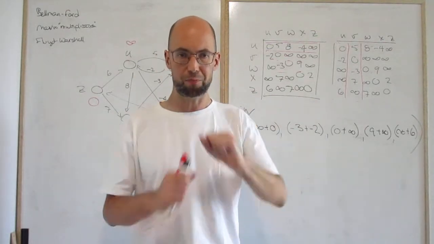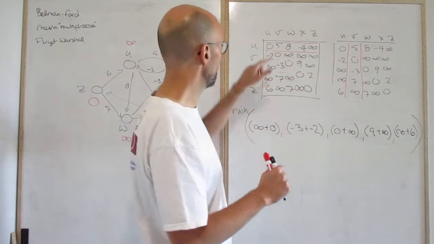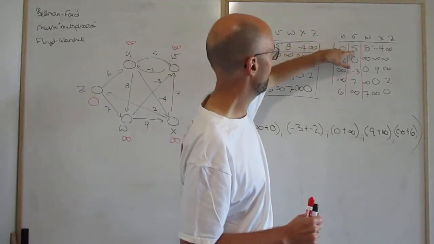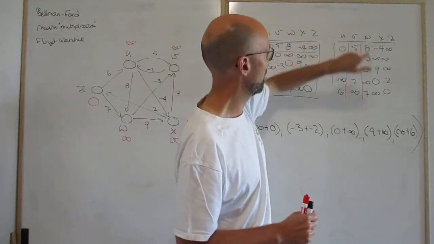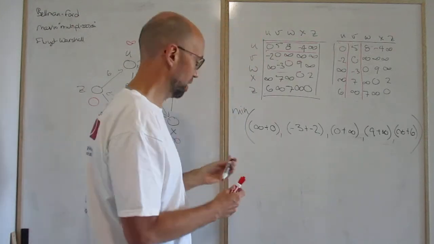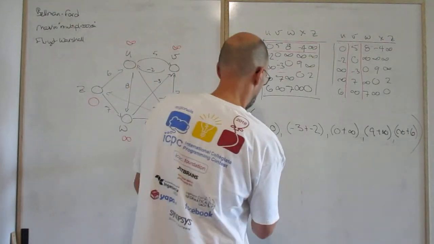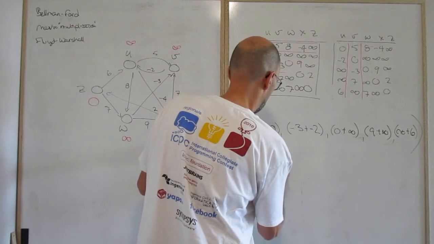For the first step, we don't move. U goes to U, and then on the second step, U goes to V. So that is 0 plus 5.